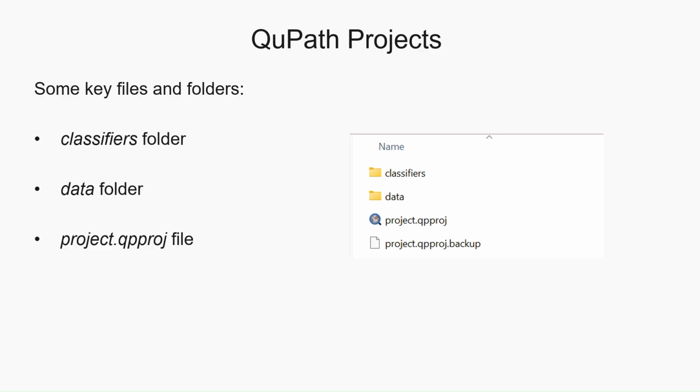The data folder will have a folder for each object or image in our QuPath project, and then a file which helps as the interface between these folders in the project and the QuPath software. You might also see an additional file which has the suffix backup, which indicates the backup of that project.qpproj file.